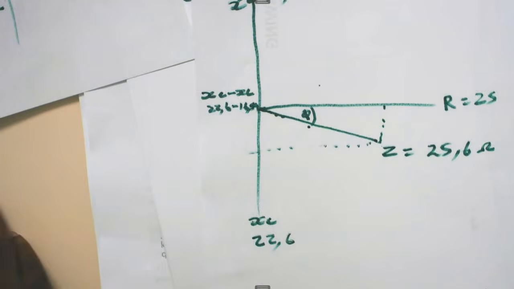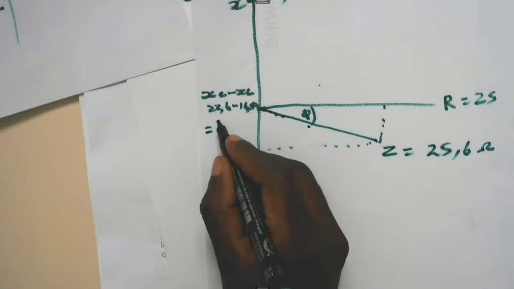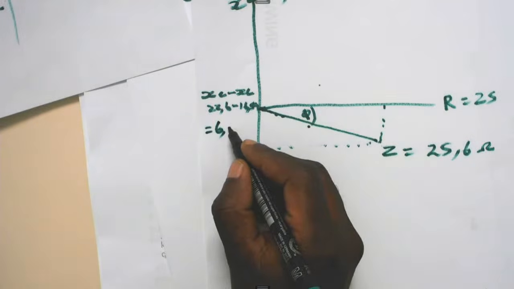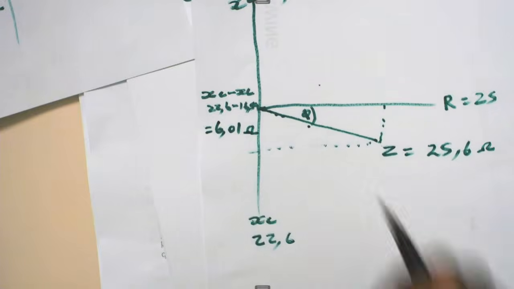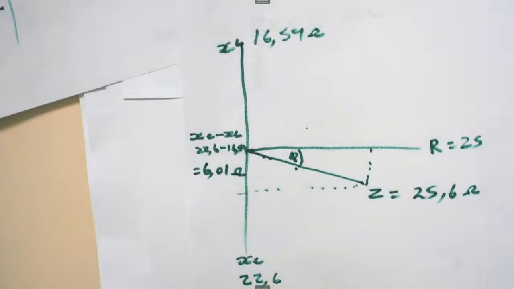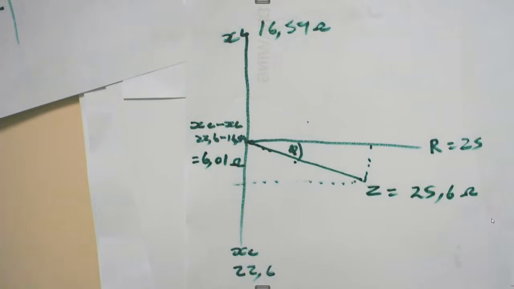So we've got to get the answer there. 22.6 minus 16.59, then you'll get 6.01 ohms.